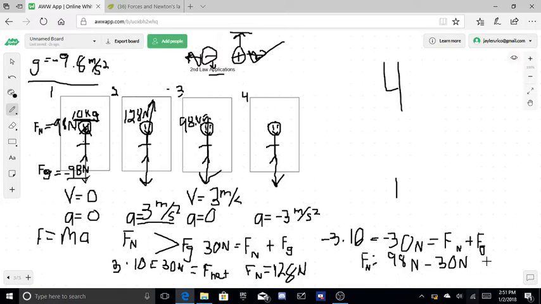Subtract 30 newtons, and we get a normal force of 68 newtons.